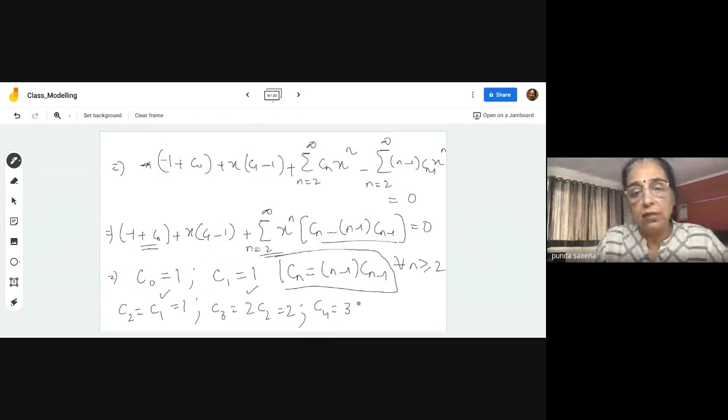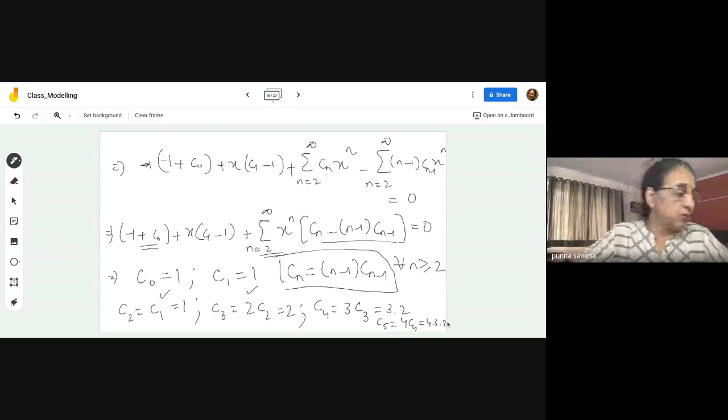C4 will be 3C3. And how much is C3? 2. So basically, this is nothing but 3 into 2. Similarly, what will be C5? 4C4. So this will be 4 into 3 into 2. Do you get anything?